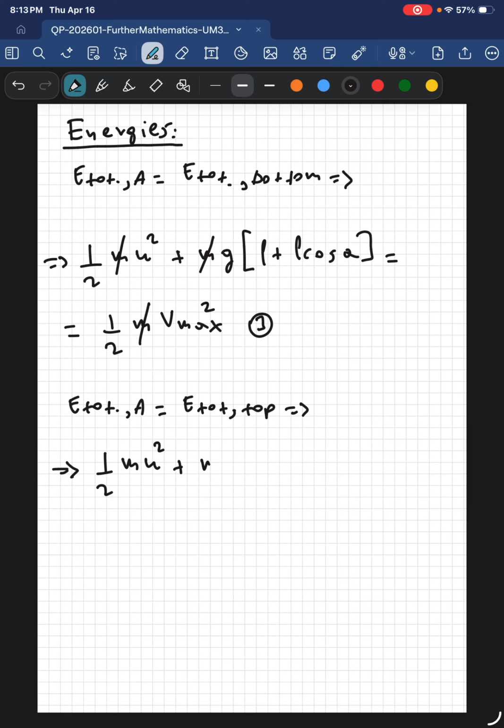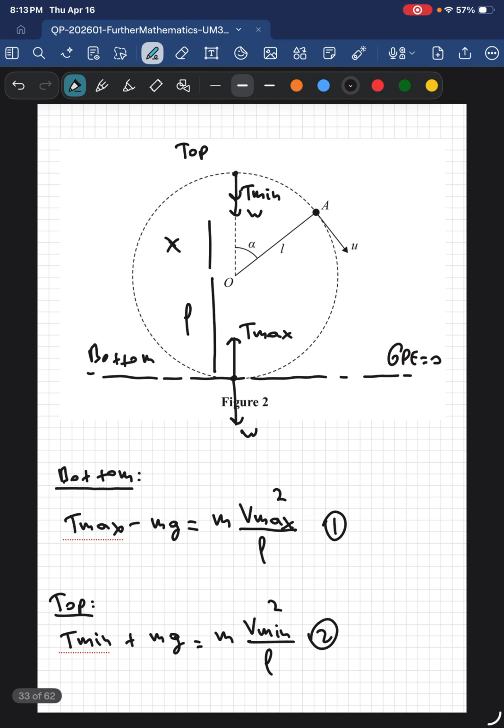Plus, it's the same as before, plus m g times L plus L cosine of alpha, is equal to 1/2 m times v minimum squared plus the gravitational potential energy with respect to the bottom, where we define the potential energy to be 0.